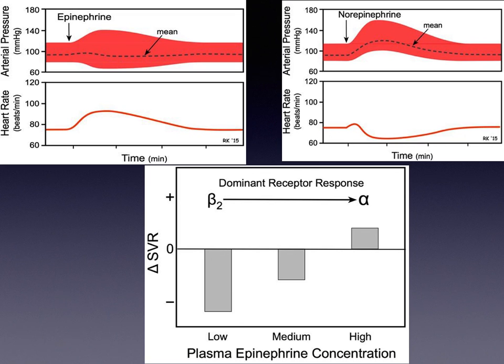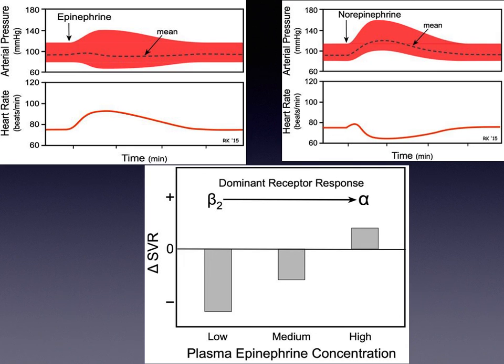At lower concentrations of epi, our beta-2 adrenal receptor, and if we're at higher doses or concentrations, we get vasoconstriction, or the alpha adrenal receptor mediated.